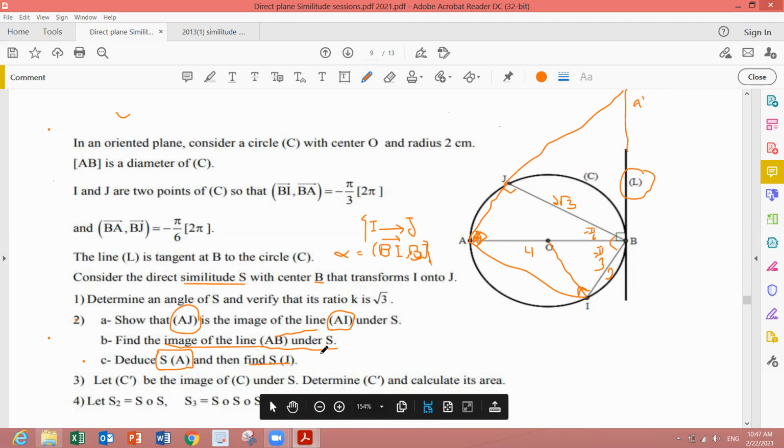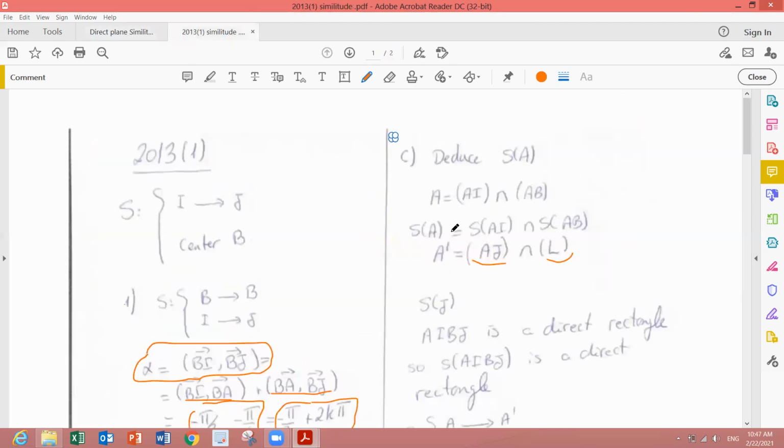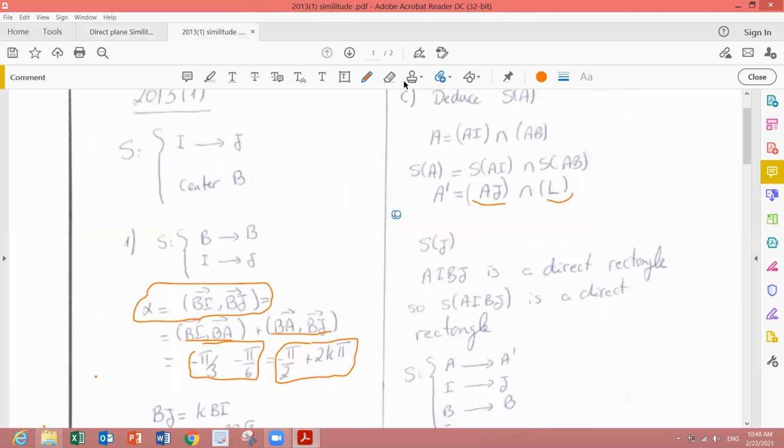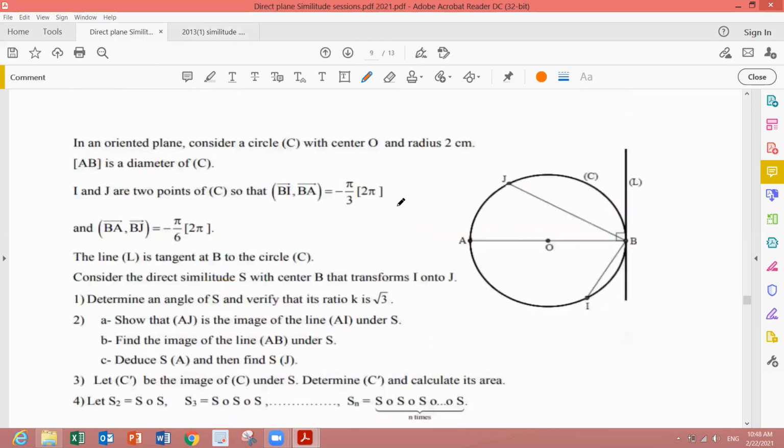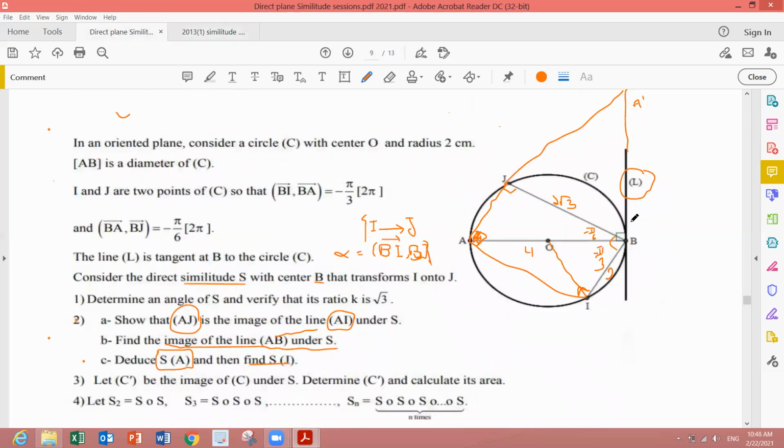And find S of J. How to find S of J? We have A into A prime, B into B. We can say AIBJ is a direct rectangle, yes?